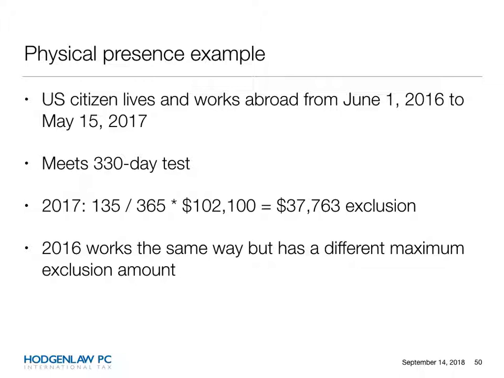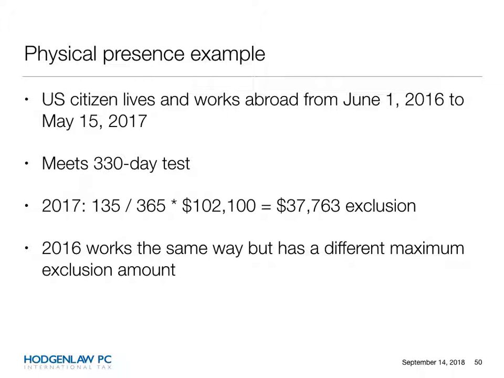To help explain how the prorating works for the physical presence test, here's an example. A US citizen lives and works abroad from June 1st, 2016 to May 15th, 2017. That's over a year abroad, so they definitely meet the 330-day requirement.